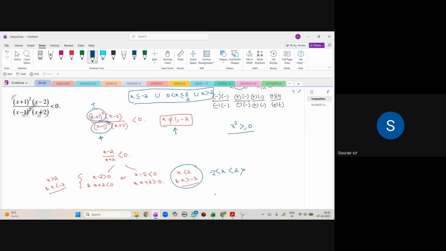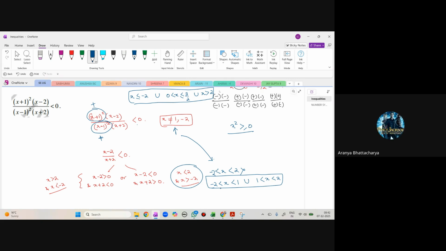So I cannot write this because this comes into play here. So I have to write minus 2 less than x less than 1, union 1 less than x less than 2. I have to break it down into two parts: minus 2 to 1 and 1 to plus 2. Is it clear?